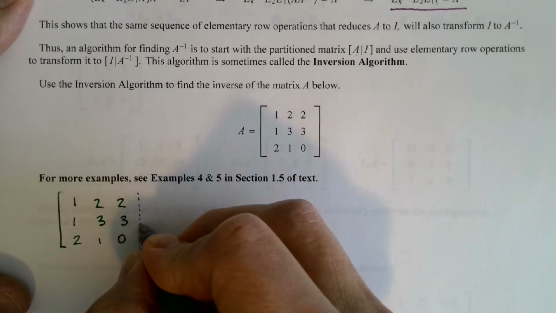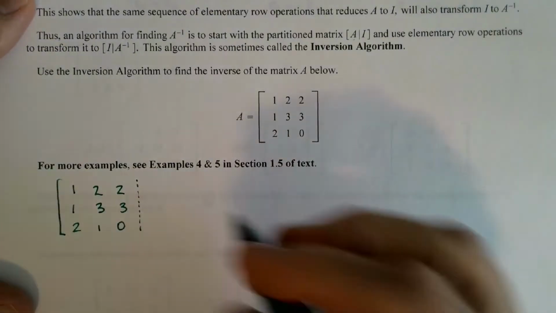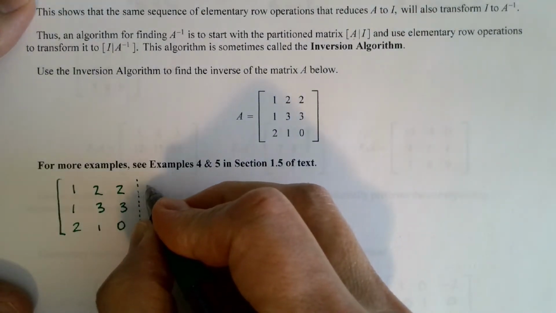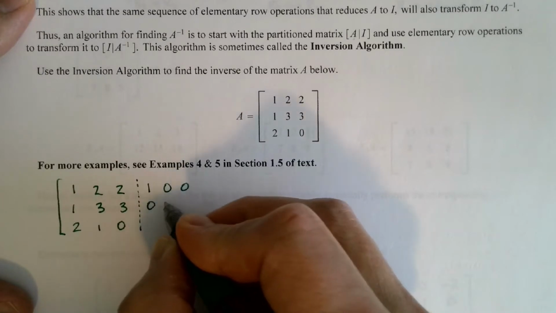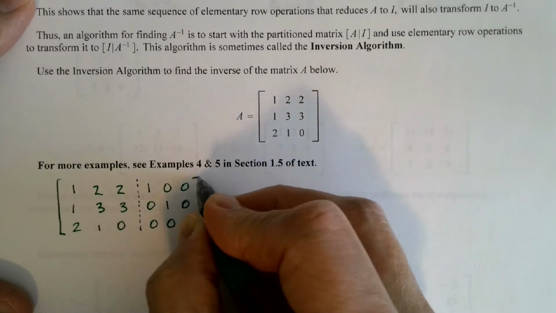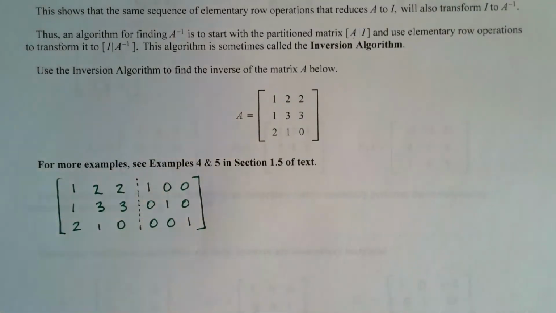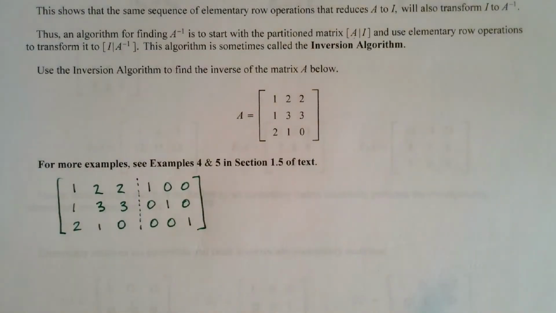And I put a little dashed line here just to indicate the other matrix I'm going to adjoin, which is the identity matrix. So here I put in the identity matrix. Together these create a 3x6 matrix. So I'm looking at the whole matrix. The dividing line just gives me focus. I want to focus over here on the left as I'm doing the row operations.